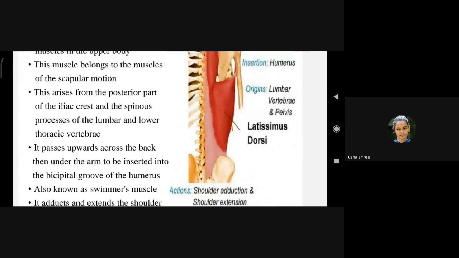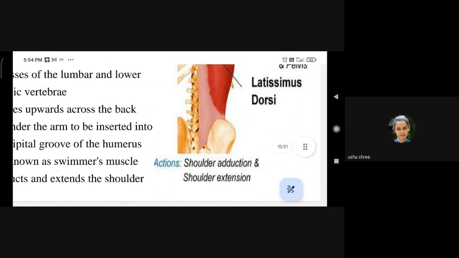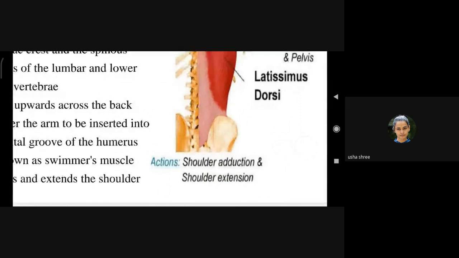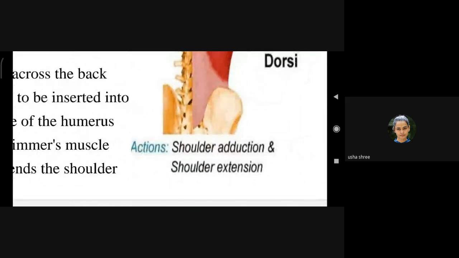You can see the iliac crest. Here, you can see this is the hip bone, ilium, and the iliac crest. Crest means a mountainous structure, so the upper convex structure of the ilium.